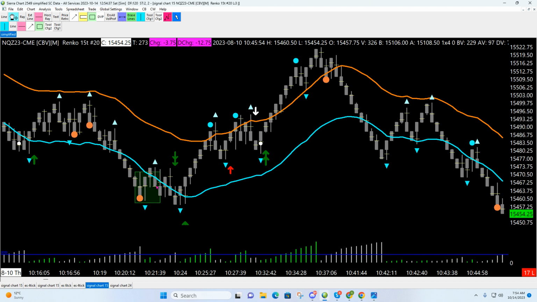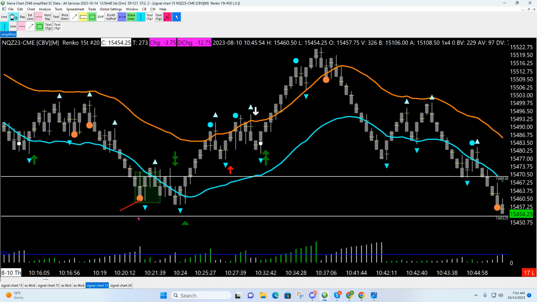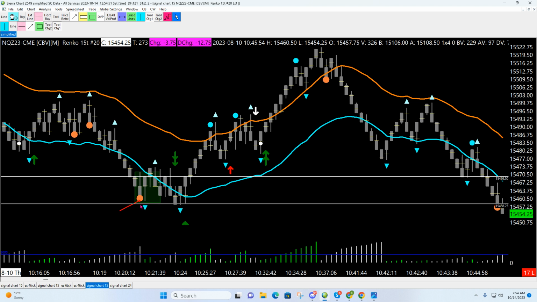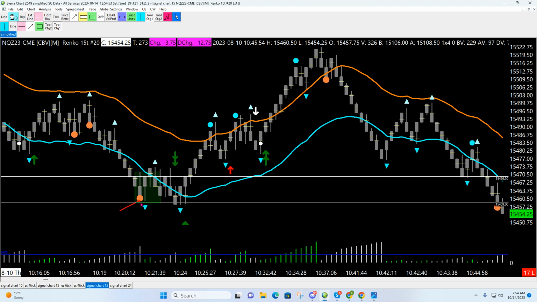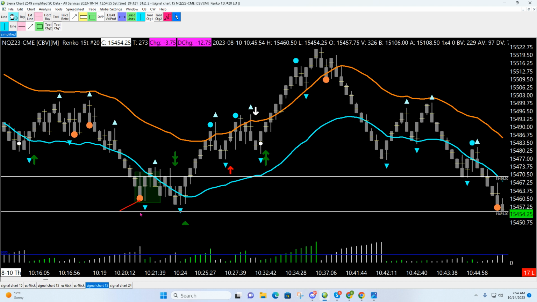So this is a loser. Let's see if it hit the 15-point stop. 69, so that brings me down to 59. And then I subtract another 5 points, which would be 54.